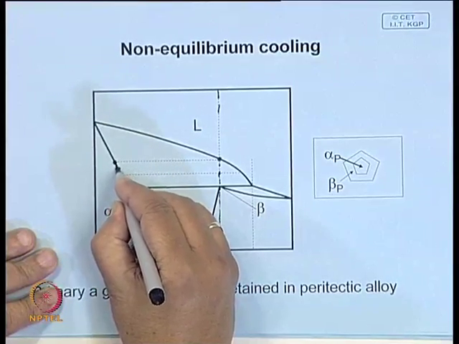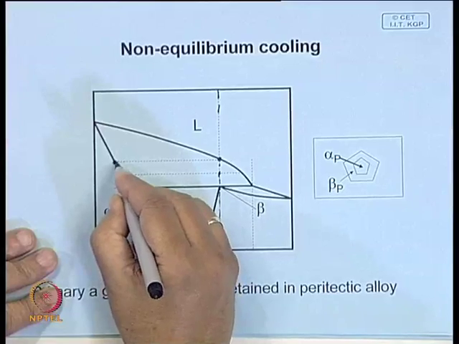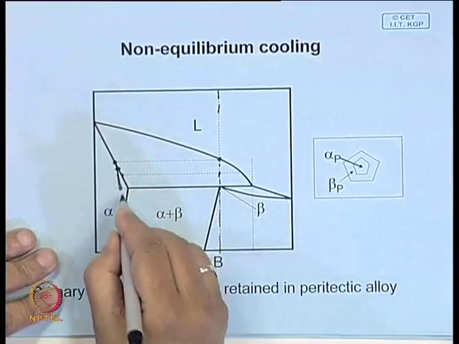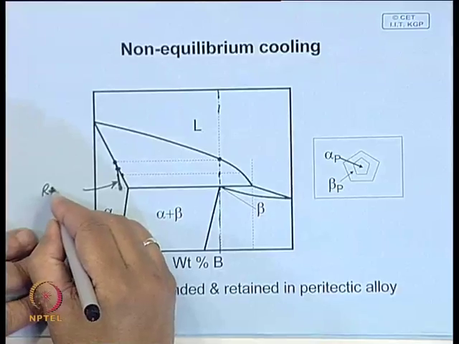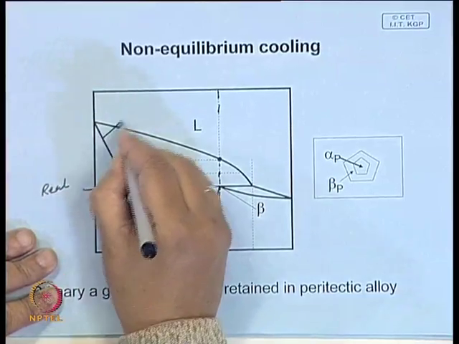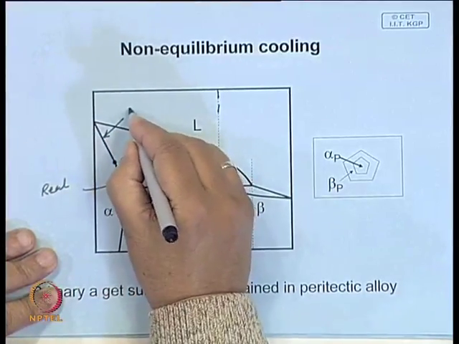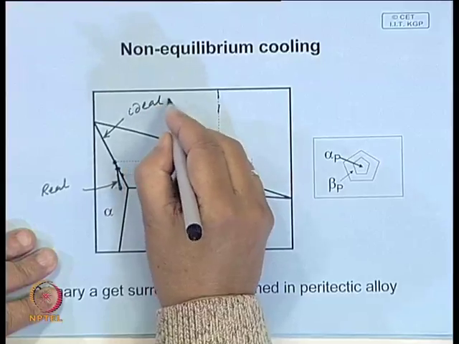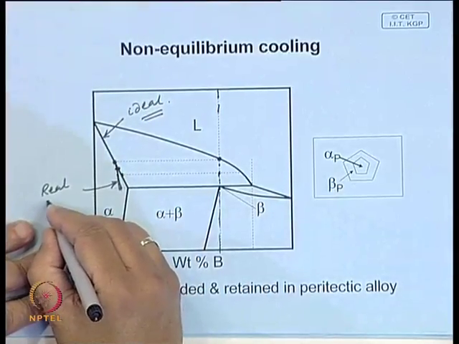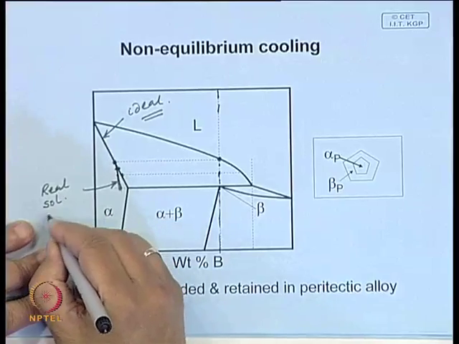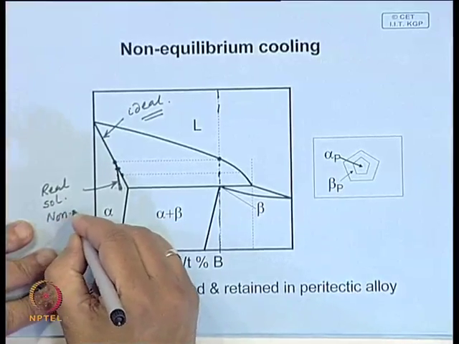So, here also it follows the actual solidus, the real solidus. This you can say is the ideal case when it is under equilibrium, and here it is the real solidus, that is non-equilibrium.